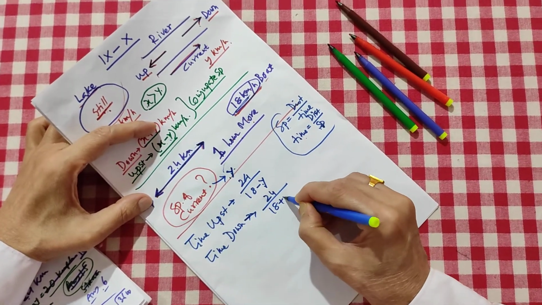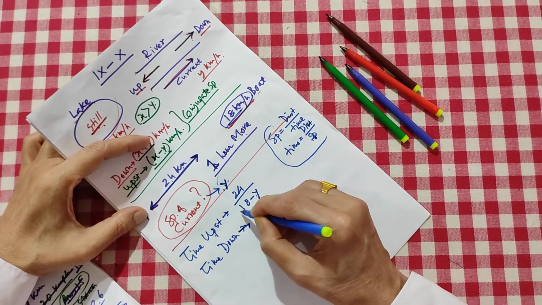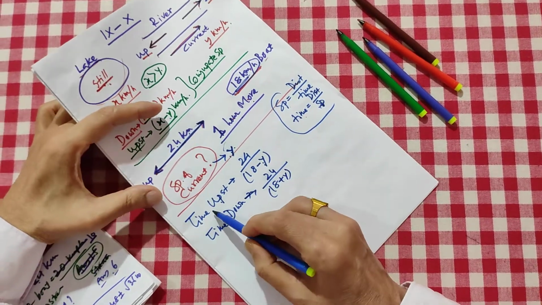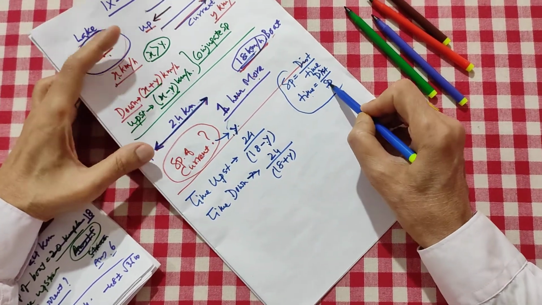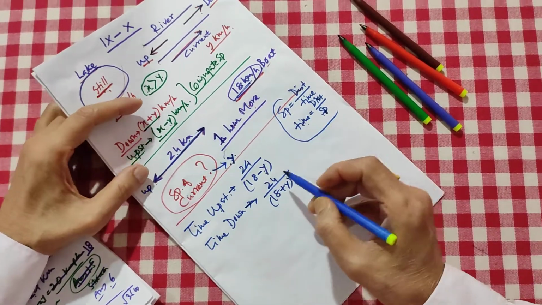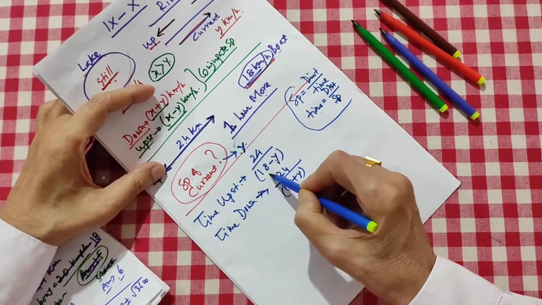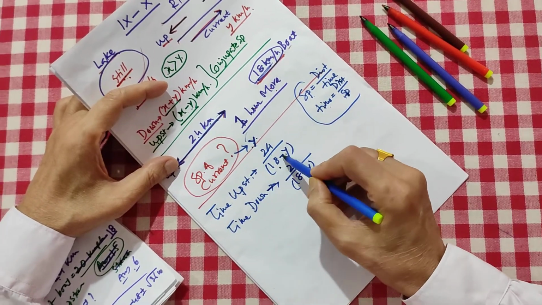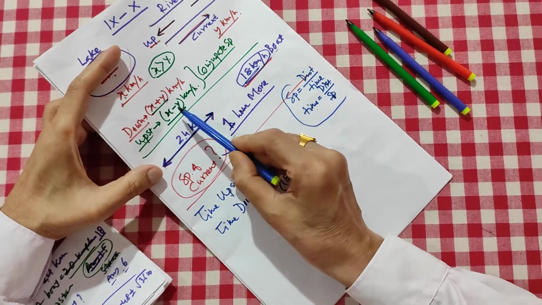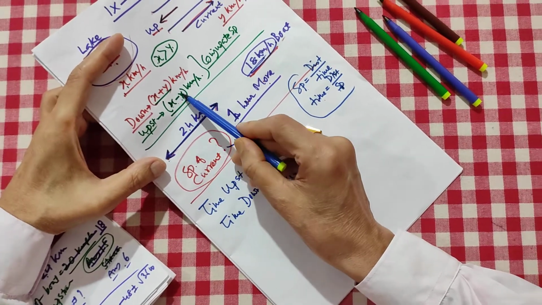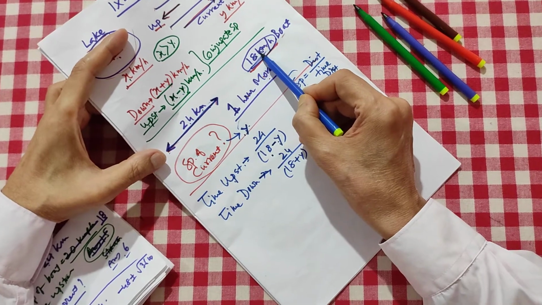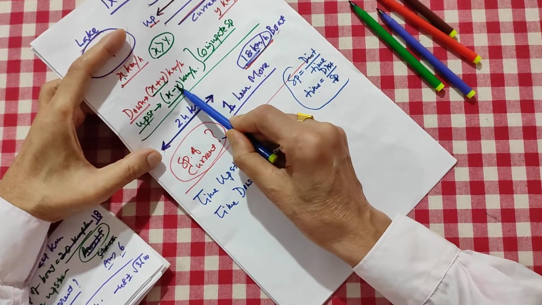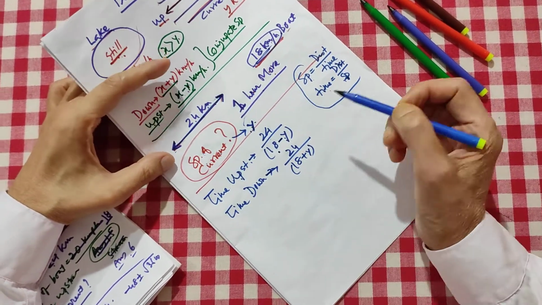So time taken by the boat to go upstream is distance by speed. Distance is 24 kilometer, and upstream speed will be 18 minus y, because upstream speed is the difference between x and y. Here x is given, 18 kilometer per hour. Now y you have to find out, the speed of the current.